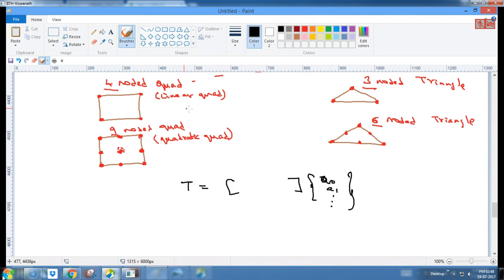In this case, it is 9. This will run from A naught through An, where n is equal to 9 here, n is equal to 4 here, n is equal to 3 here, n is equal to 6. There is no problem with A naught through An. But what is the choice of basis? This is important.